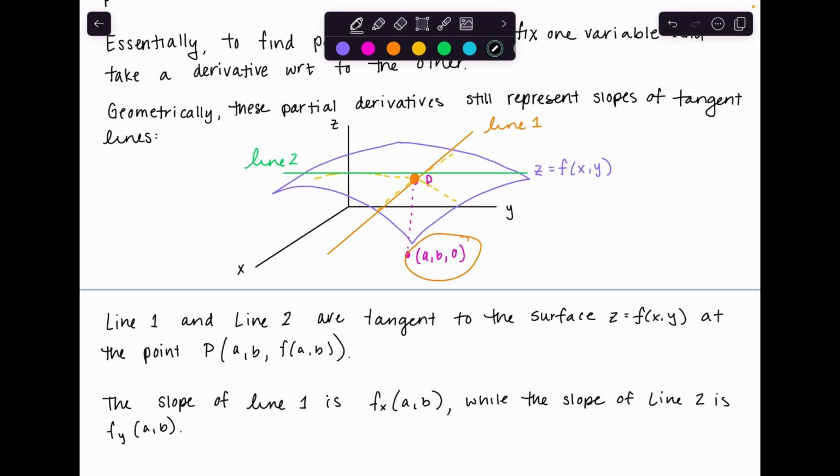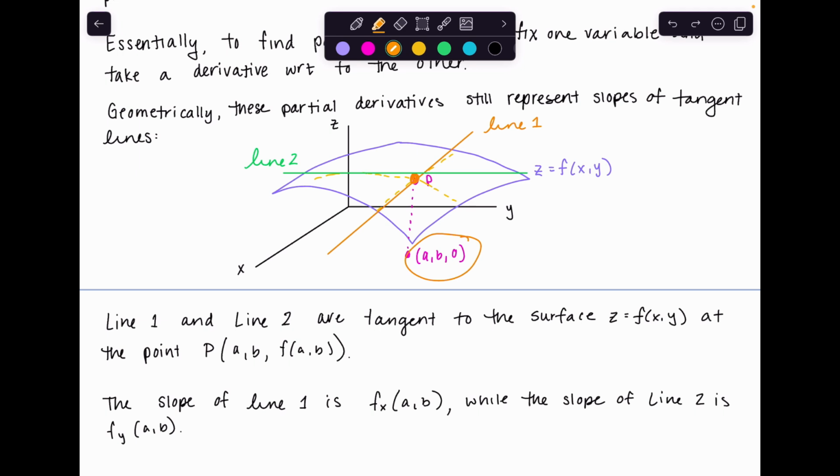So what you did in Calc 1 to find the equation of a tangent line to a curve, you took the derivative, you plugged in that x value, that gave you the slope, and then you had the point, so you would just use point-slope form to come up with the tangent line. Same idea here, we have the point because we know the xy value, and we can find the z value by plugging it in.